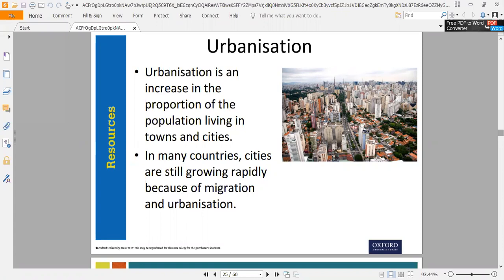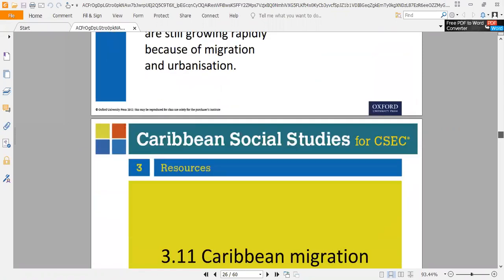So instead of returning to their country life or their rural lifestyle, they remain in these urban areas. All right, let us move again. Next slide.